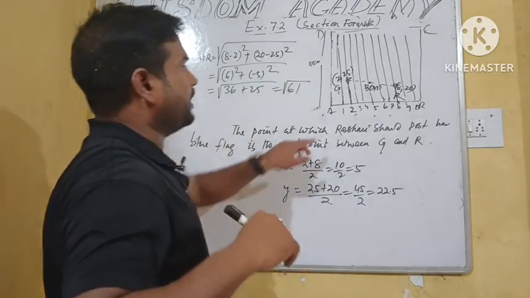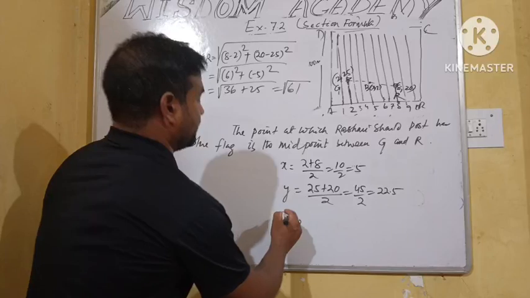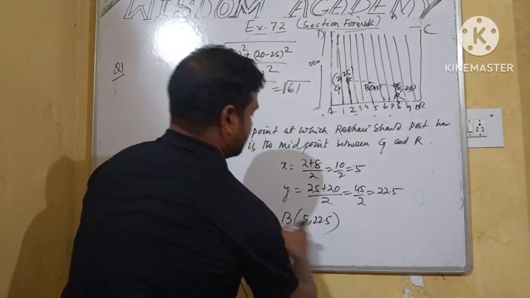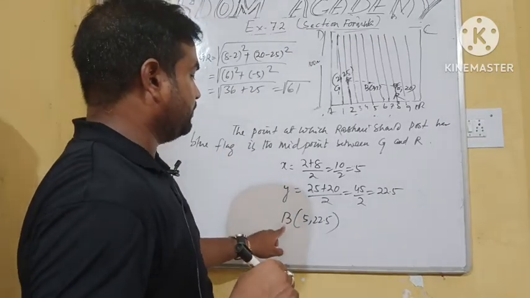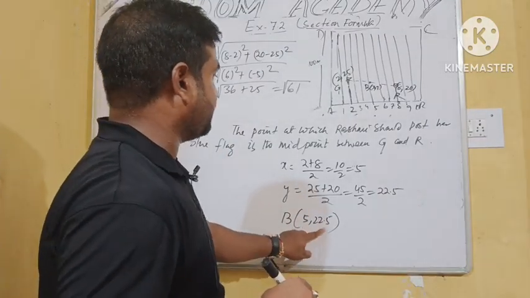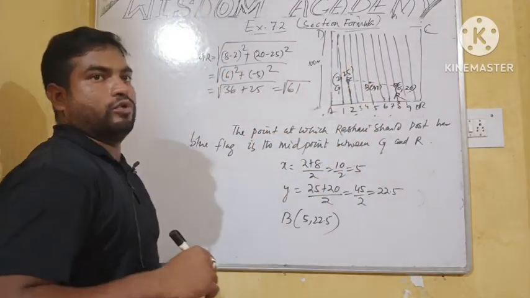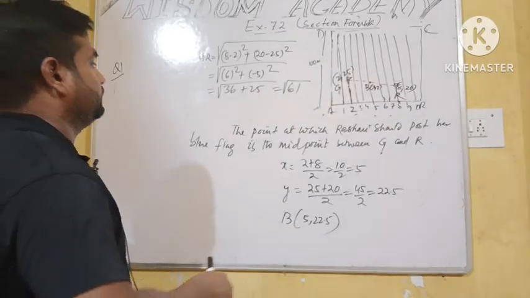So the required coordinates of the midpoint are (5, 22.5). The point is B (5, 22.5), at which Rashmi should post her blue flag.